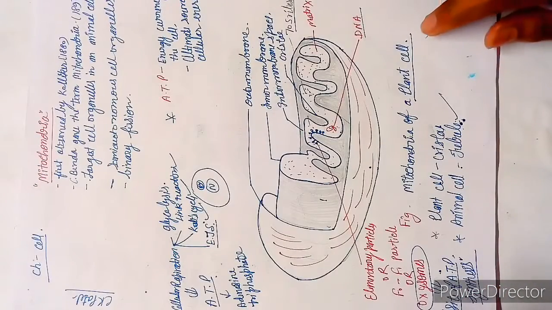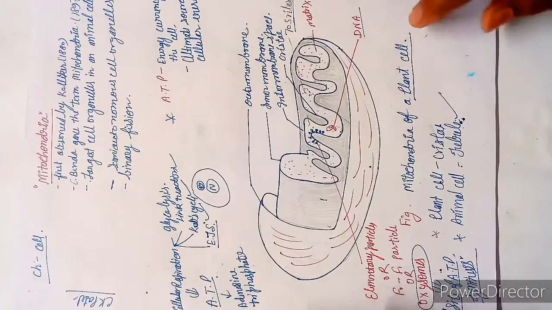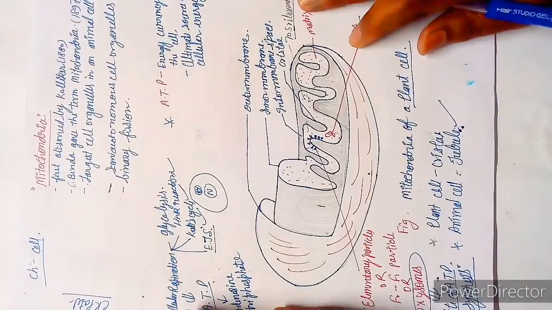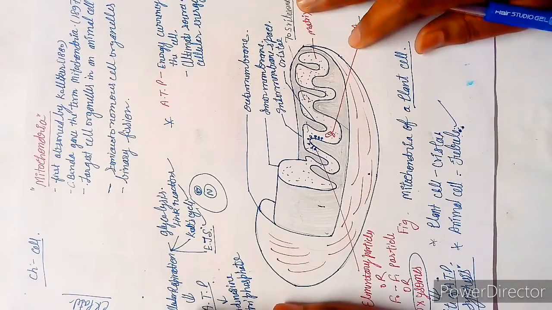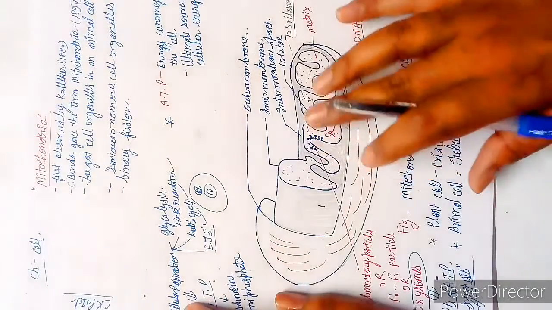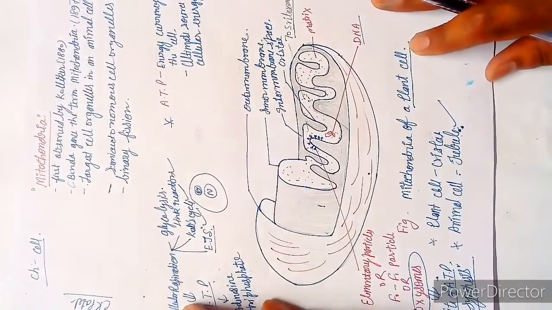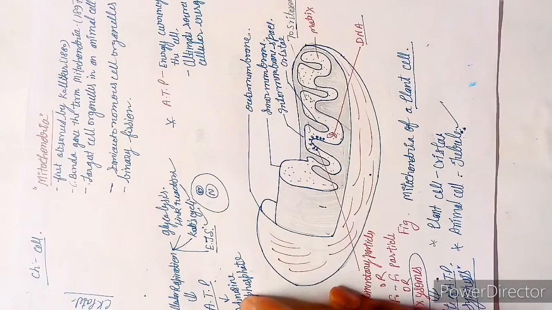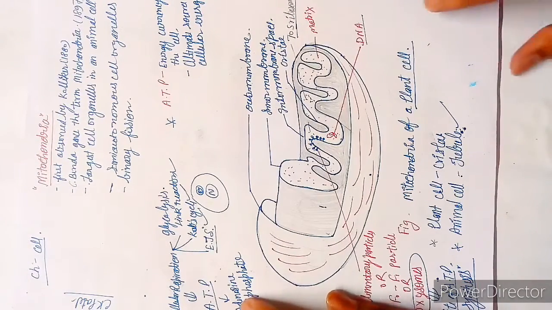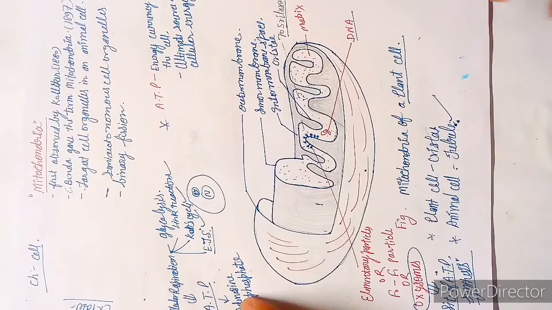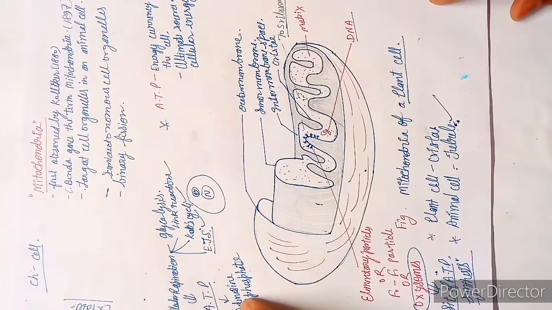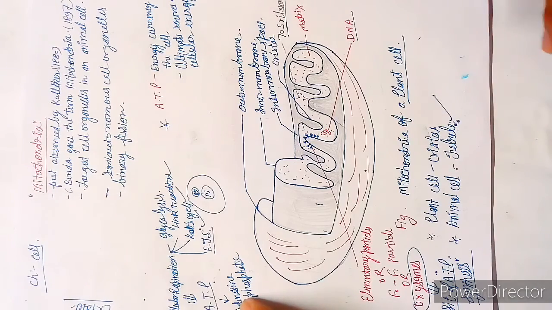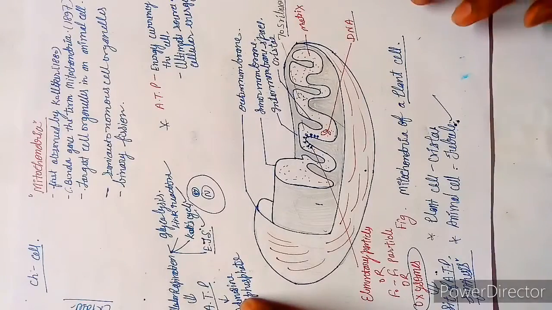And one more very very important thing, that mitochondria is a cell organelle in which cellular respiration takes place. Not getting the point? Let me explain first. You all have seen respiration. It has two parts in animals.